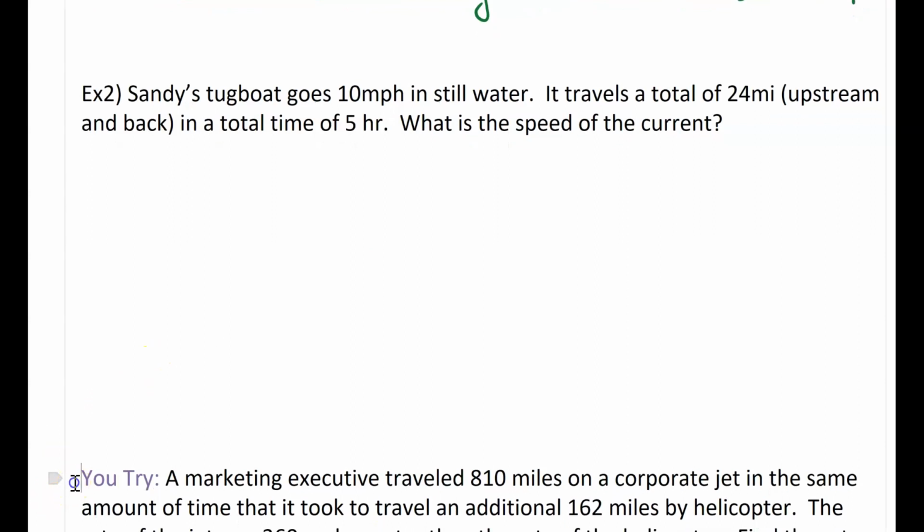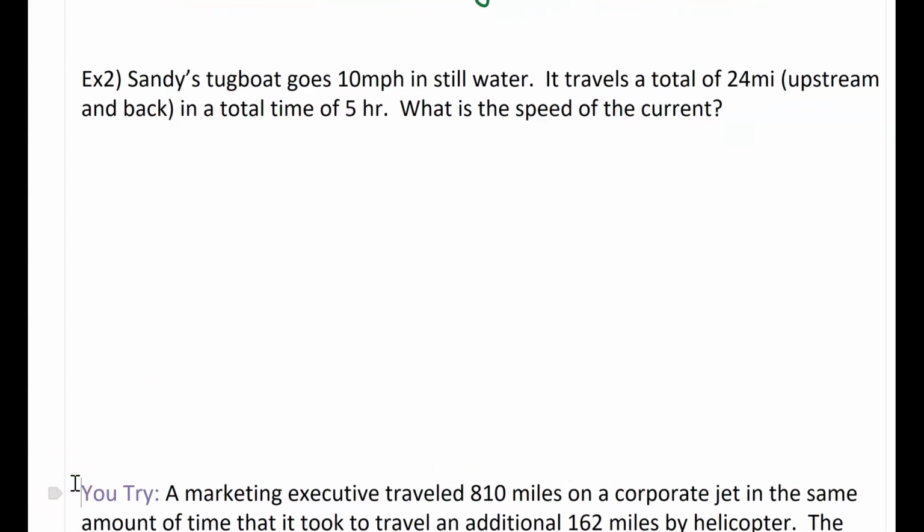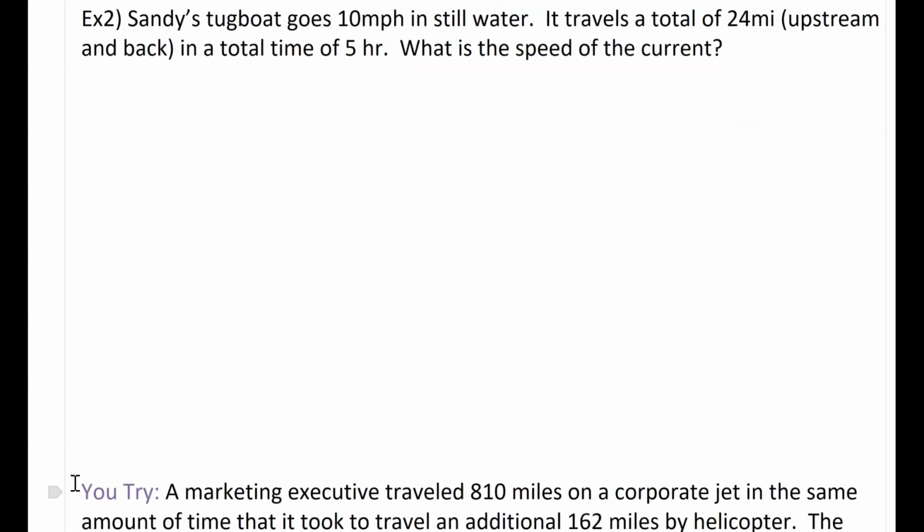Sandy's tugboat goes 10 miles per hour in still water. It travels a total of 24 miles upstream and back in a total time of 5 hours. And we want to know what is the speed of the current. All right, so again, I'm going to go ahead and set my information up into a table.